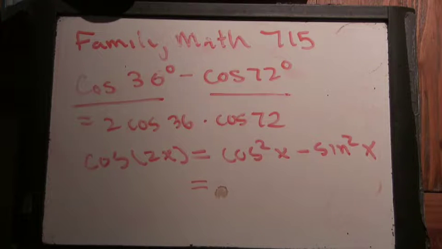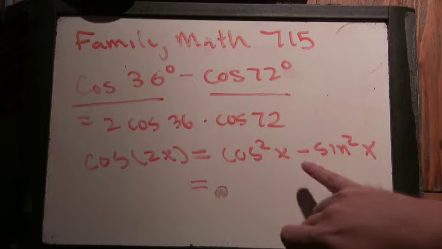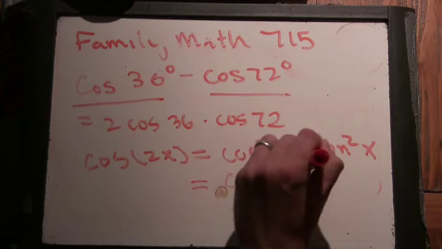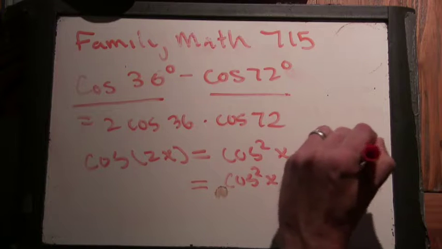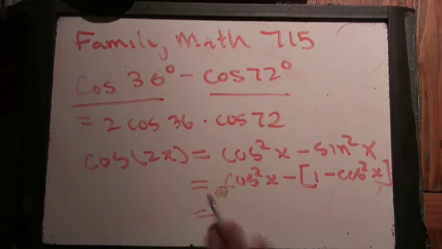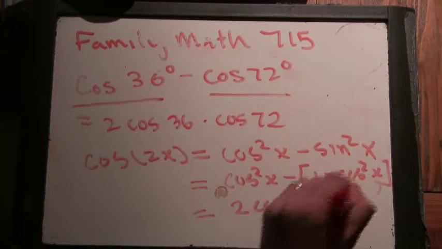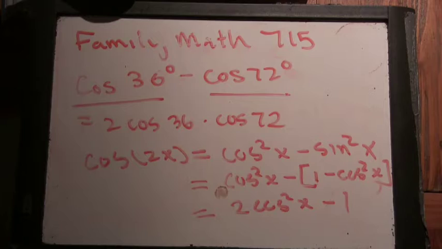So sine squared would be 1 minus cosine squared. So what is minus sine squared? This is cosine squared x minus 1 minus cosine squared x, which is 2 cosine squared x minus 1.